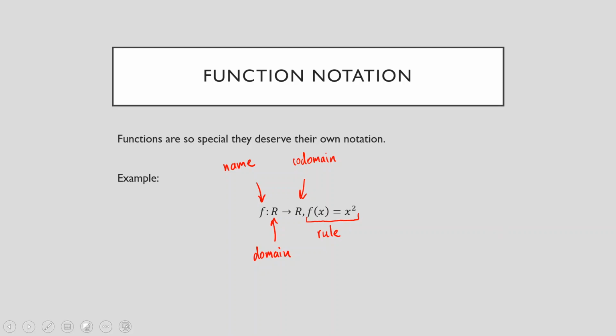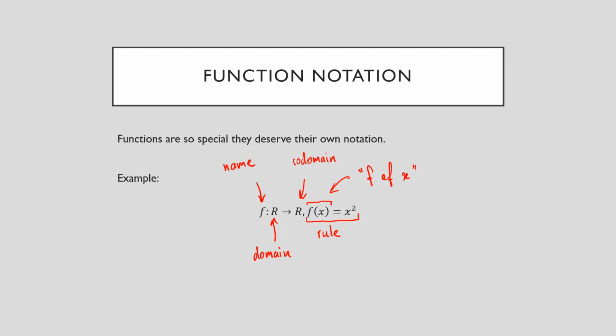Now this thing here, this f next to some brackets with x inside, when you say it out loud, you say f of x. So the rule is f of x equals x squared.